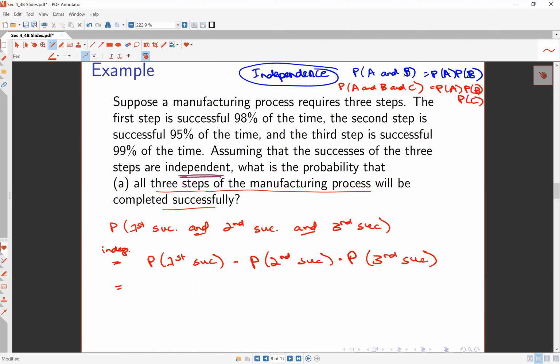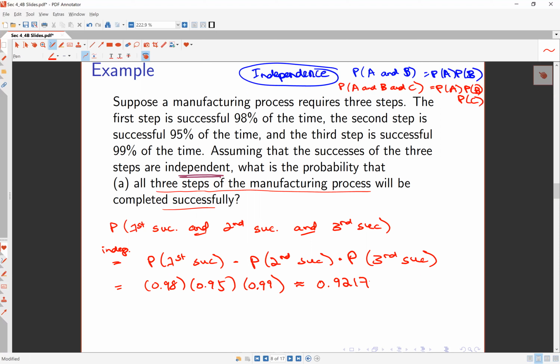And we have these individual probabilities. They're 0.98, 0.95, and 0.99. And if I multiply those and round to 4 decimal places, it's 0.9217.